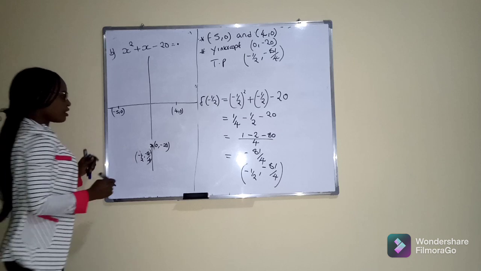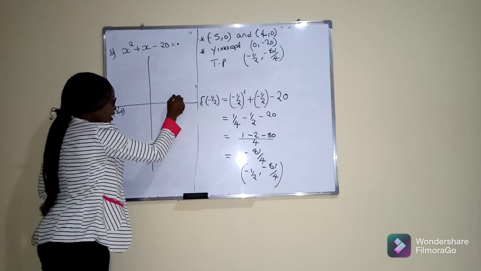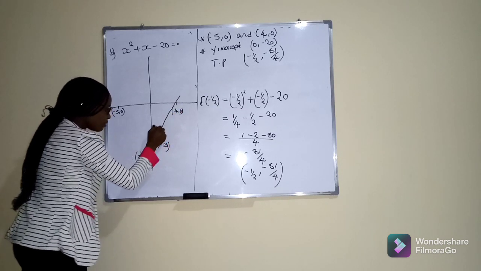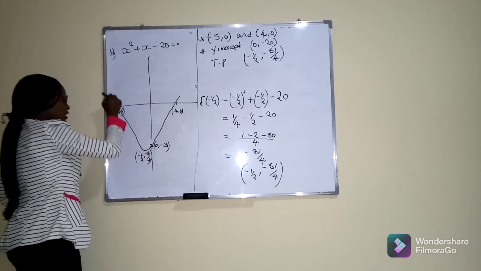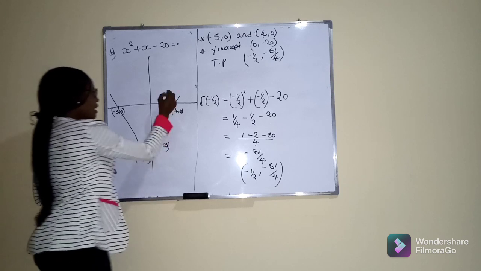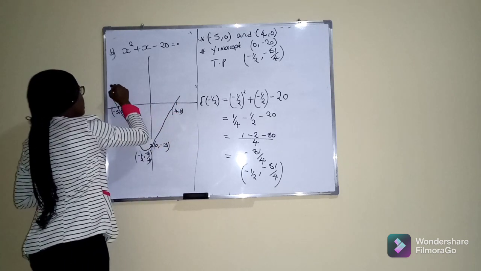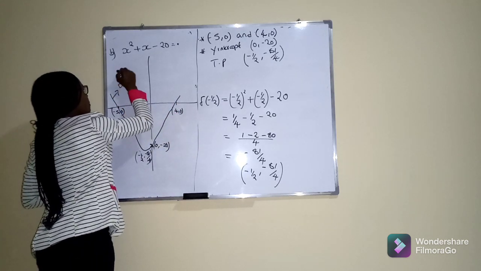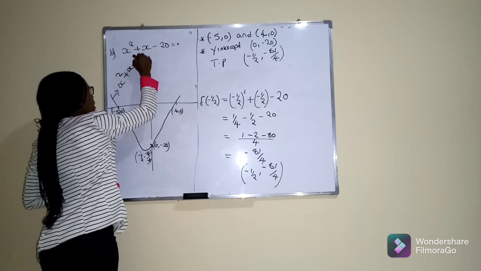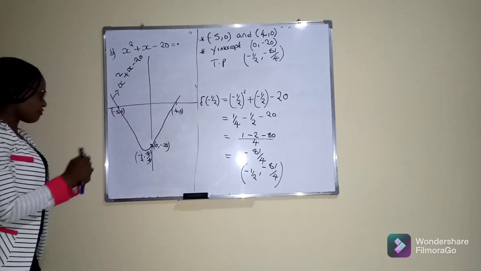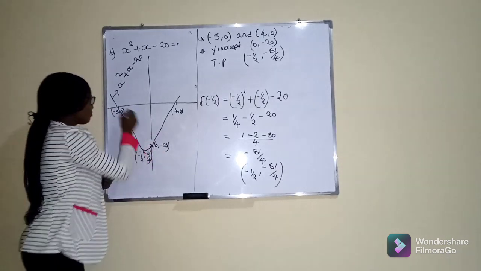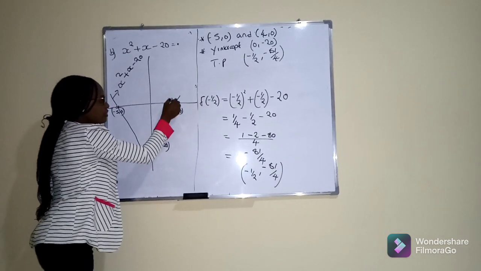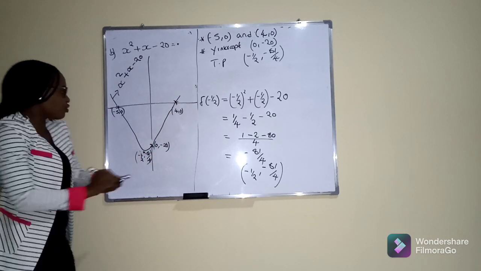So from here, we're now going to sketch. So our graph will be something that will come like this, then go up, then go like that. And this, we are saying that this is x to the power 2 plus x minus 20. So it's so simple. And we have done it like that. And we are good to go.